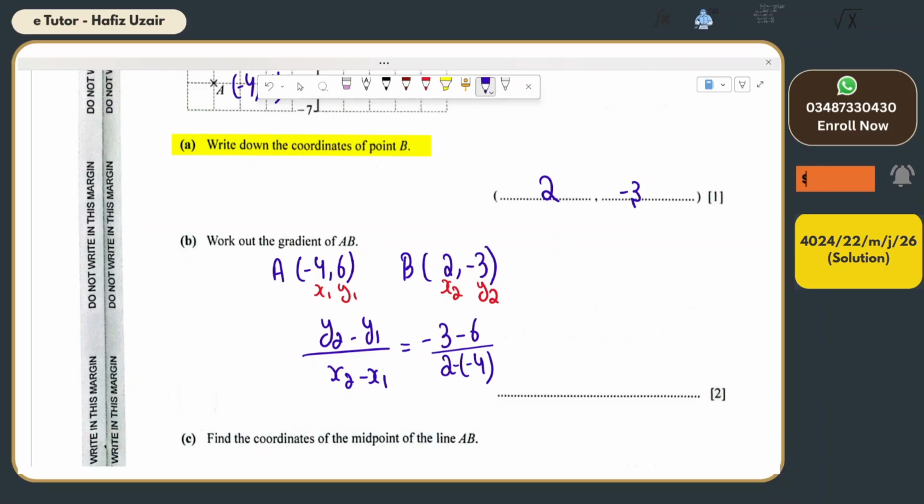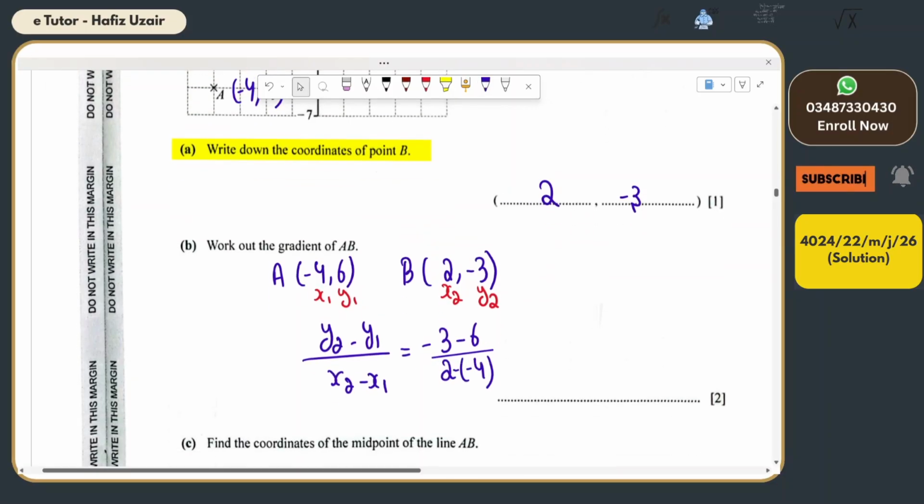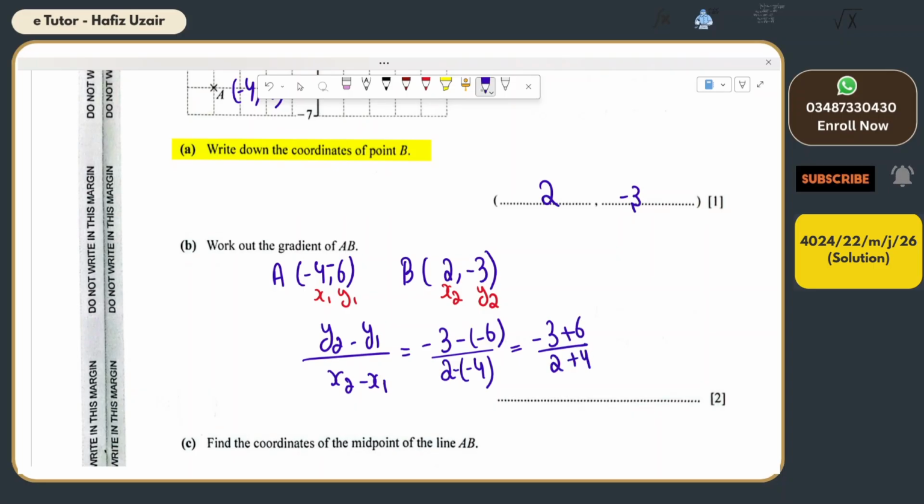Sorry for the mistake, we have minus 6 over here. So this will be minus 3 plus 6 over 2 plus 4, and that will be equal to 3 by 6, and this will produce 1 over 2, and that is your answer.